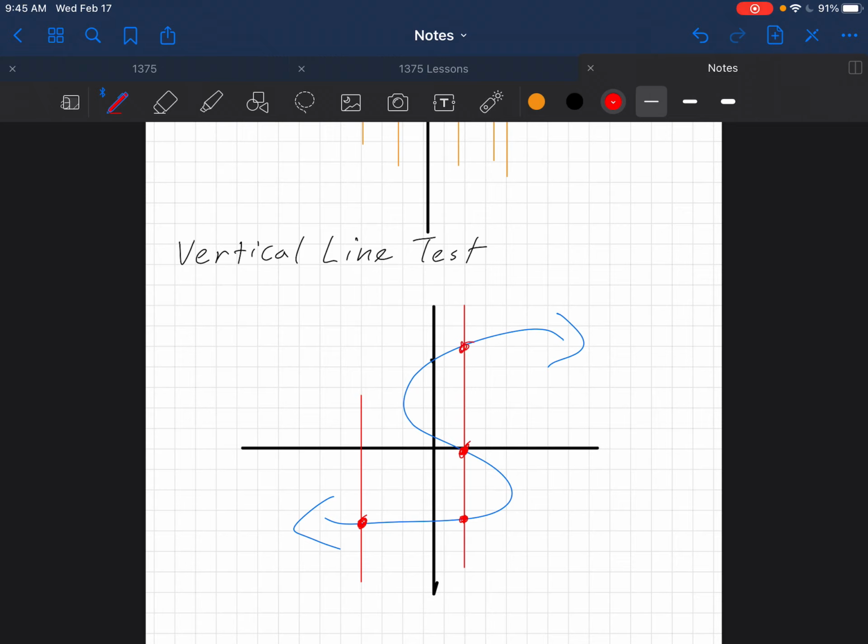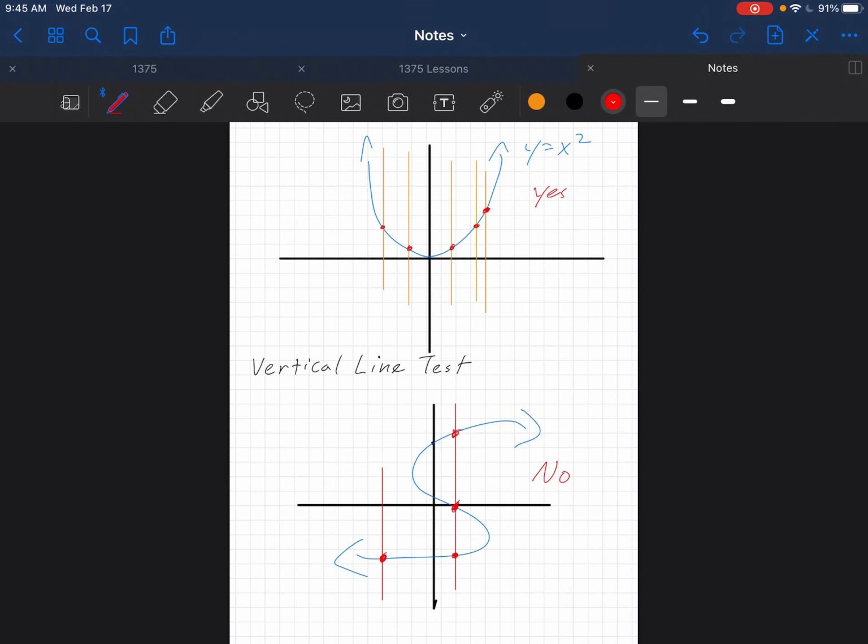And this means that no, this graph here that we are looking at is in fact not a function. So this is a quick test that you can do, whether this graph is defined by an actual expression or whether it's just a graph that's drawn.